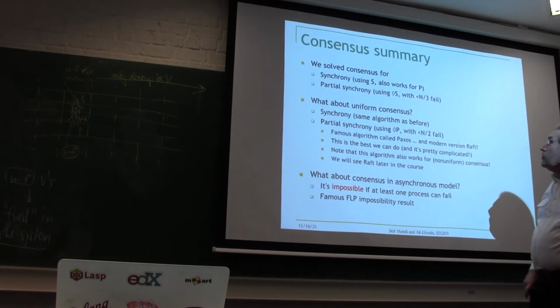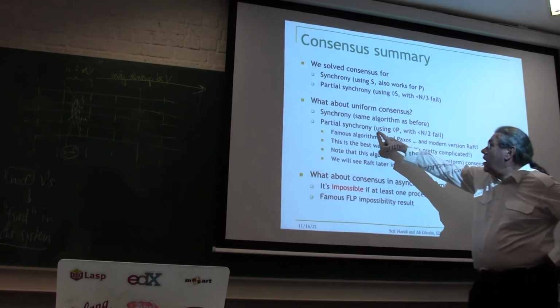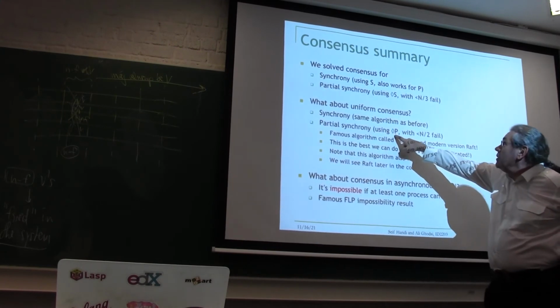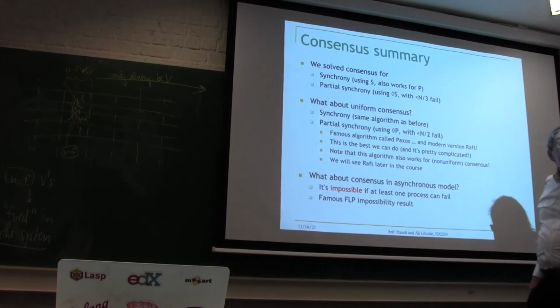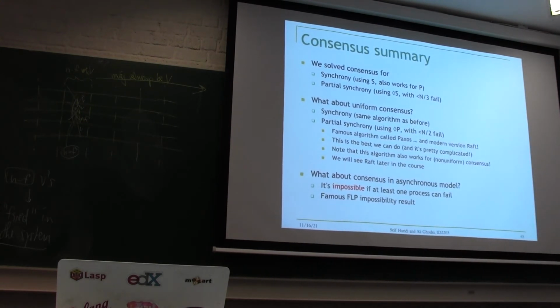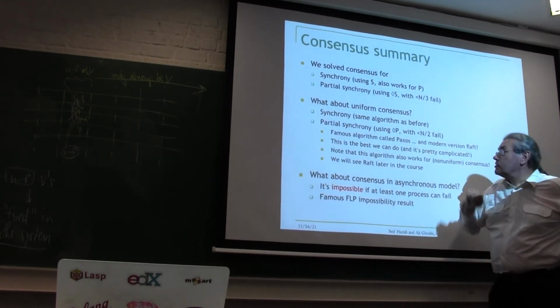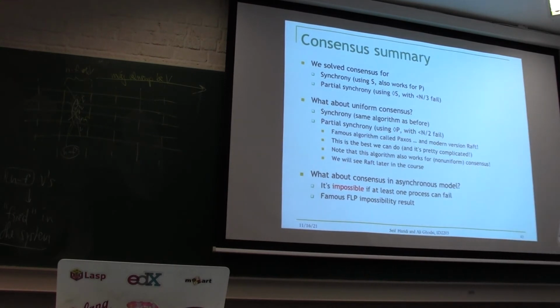It turns out you can do eventually P with n over 2 failures. So this is an algorithm called Paxos, which I'm not going to explain in this course because it would take several lectures, and I don't think it's useful actually.